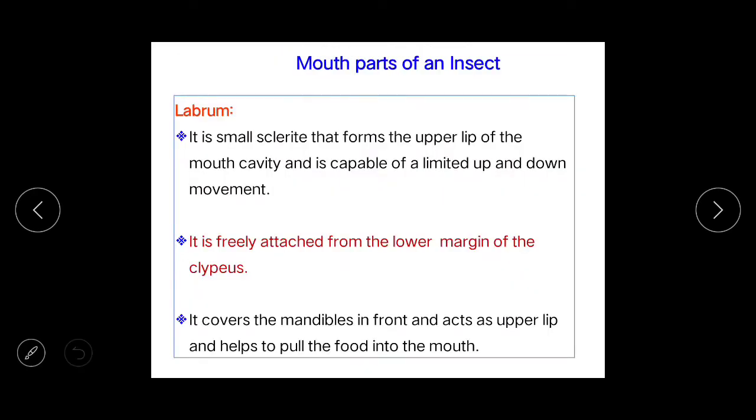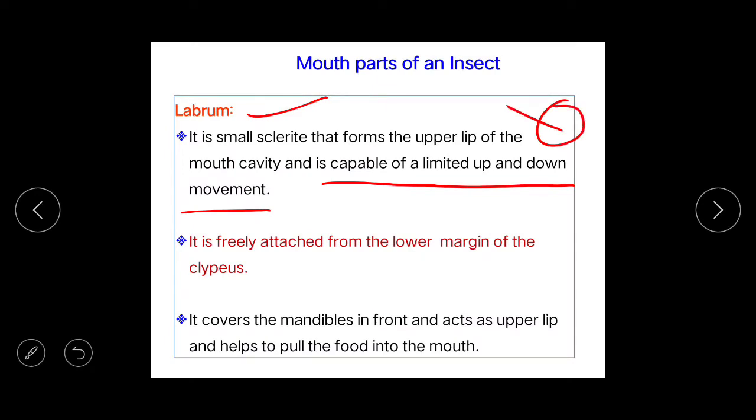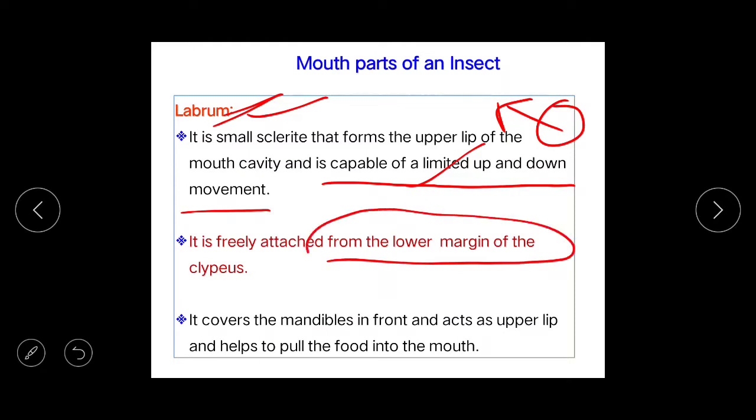So mouth parts of an insect: first, as I have already told, the labrum is the upper lip. It is capable of limiting the up and down movement of food. For example, how much the insect will eat, how much it wants to take, that portion will be limited by this labrum. The up and down movement is caused by the upper lip of the insect, that is the labrum, and it is freely attached to the lower margin of the clypeus.